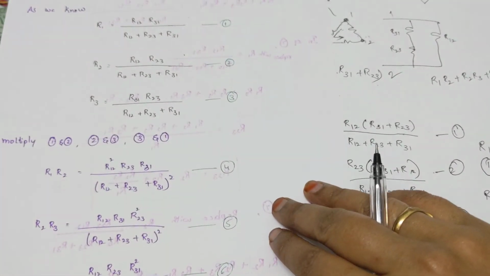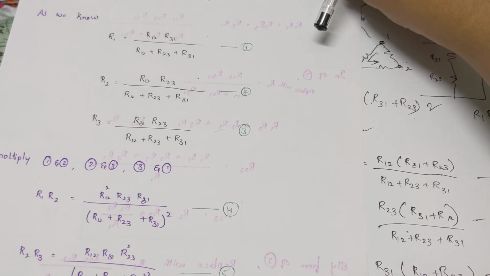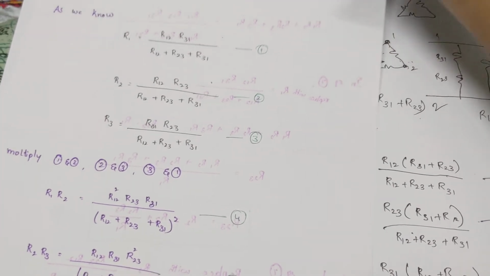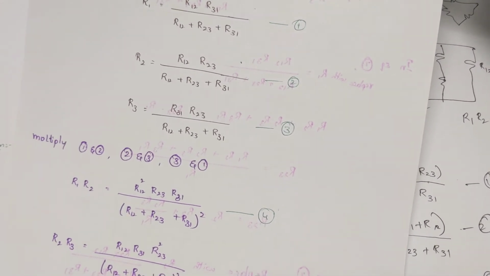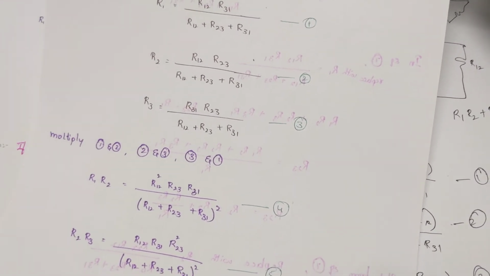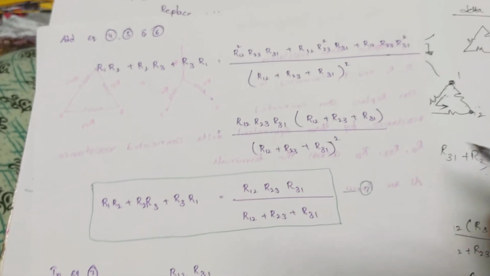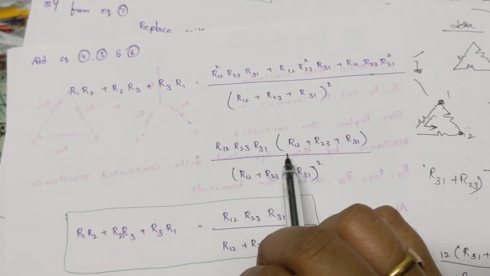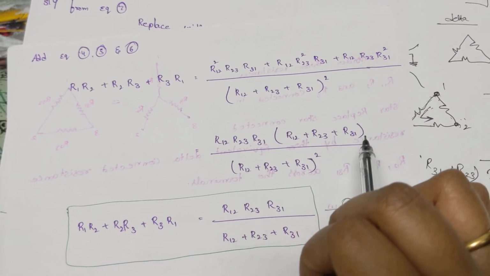So if I take out the common value of R12, R23 and R31, the rest of the values will be R12 plus R23 plus R31. So kindly check here. If I take it common, the rest is R12 plus R23 plus R31.